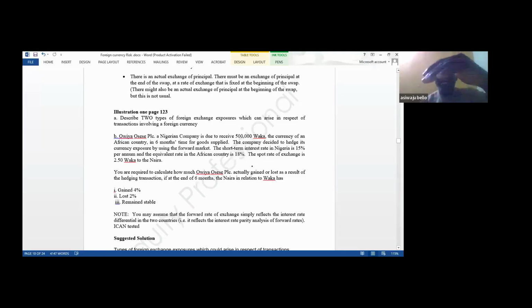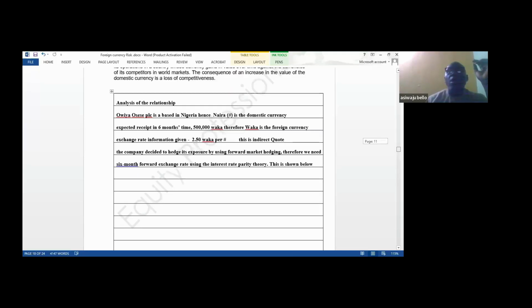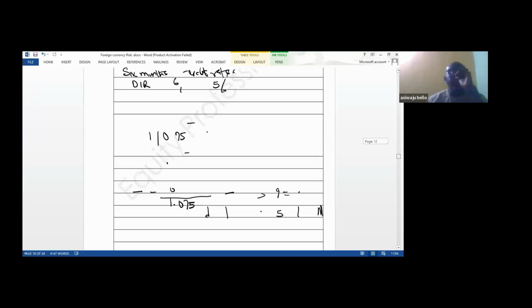If in 6 months' time Naira in relation to Waka gains 4%, our company is going to gain 4,931 Naira exchange gain. That is scenario 1.